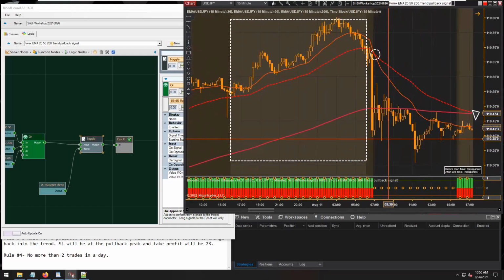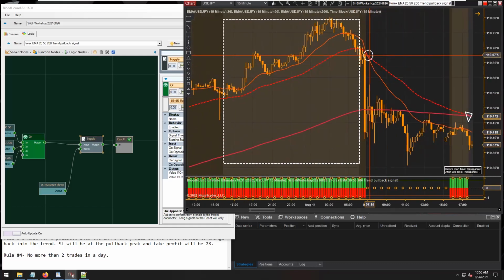But here, we did get a crossover. If there is a pullback that will generate an entry signal, then there's a good chance that there's going to be a crossover, and that crossover will turn off our toggle node.